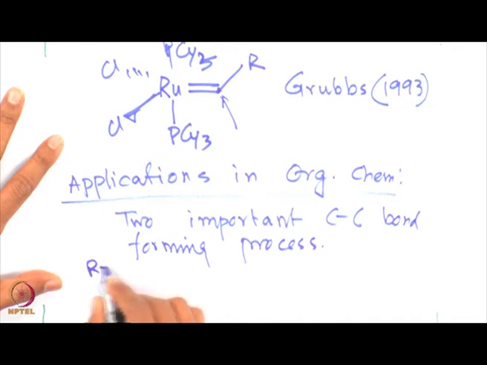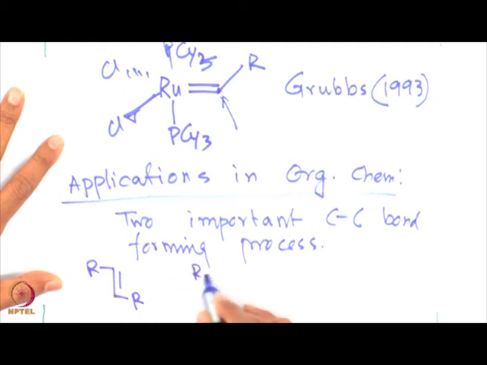If you start with one olefin where two different substituents are there, let us say R and R, and you have another olefin where once again two different substituents are there, R prime and R prime.